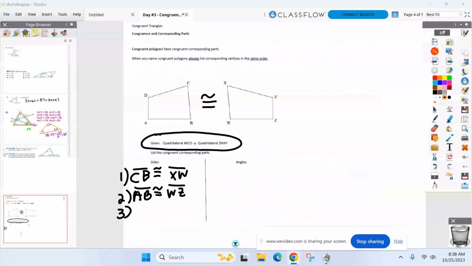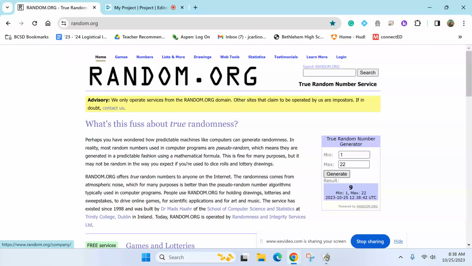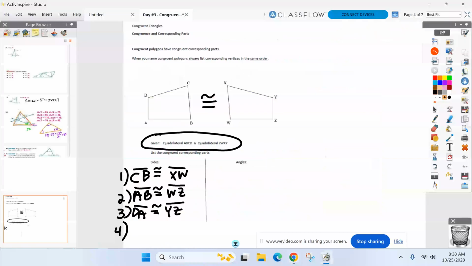DA, YZ. Love it. And the final pair that correspond to each other. Vinny? DC and XY. Okay, yep. So if I know two figures are congruent, the sides that match up, the sides that correspond are also congruent.